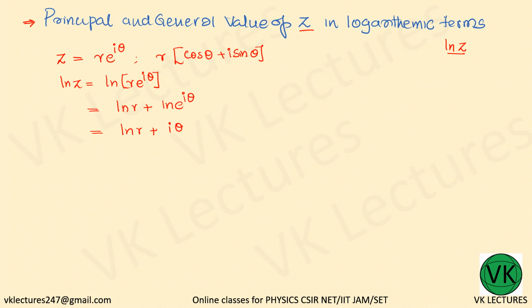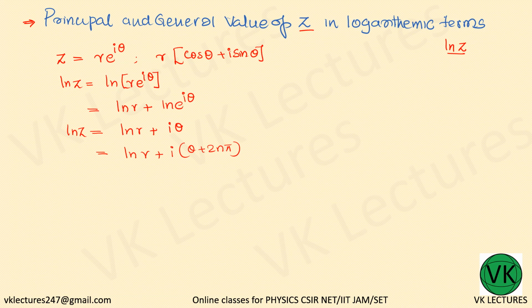Okay. Now we also know that if you rotate for 2n pi times, there is no change in log z. So log z is equal to log r plus i theta. That also can be written as log r plus i, theta plus 2n pi.